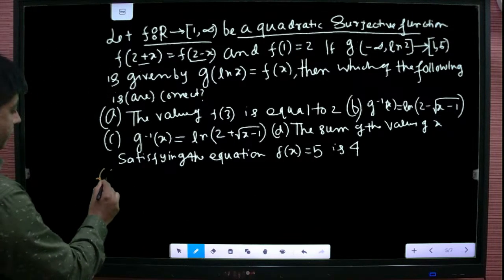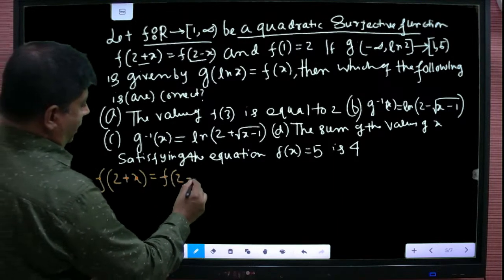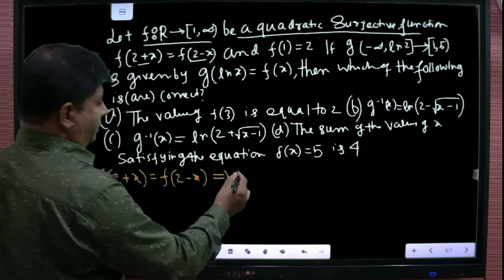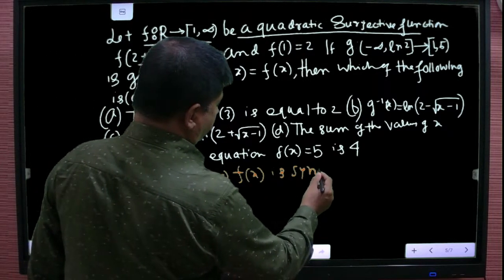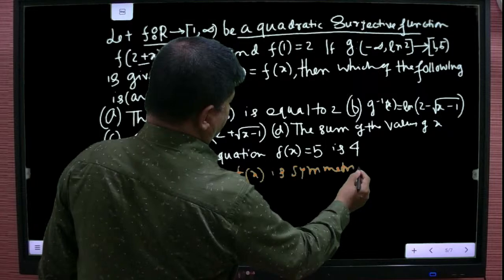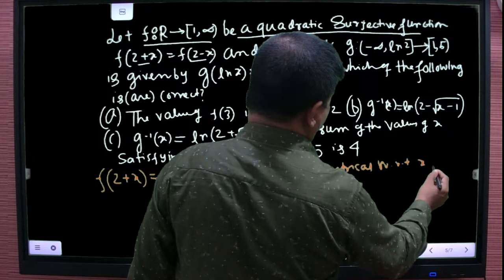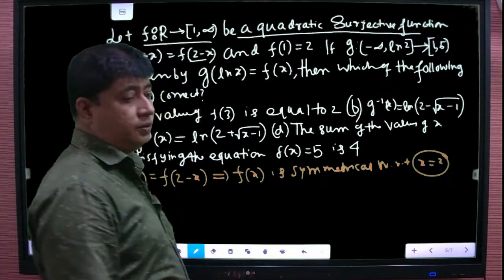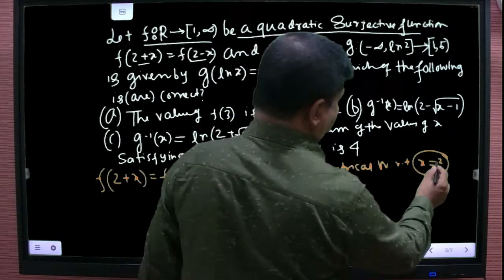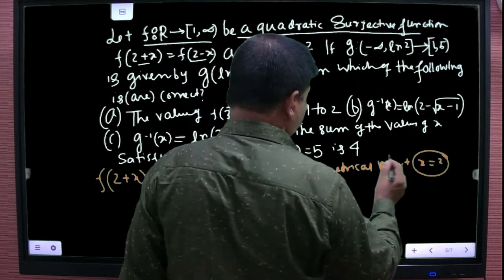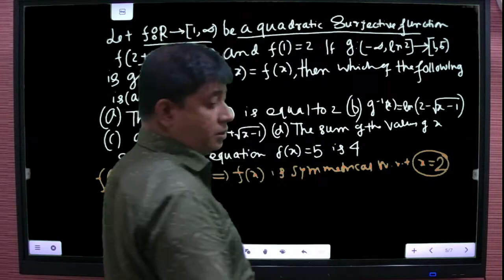f(2 plus x) is equal to f(2 minus x) implies that f(x) is symmetrical with respect to x equal to 2.